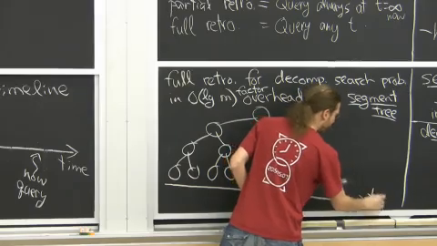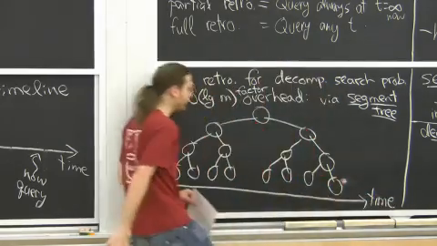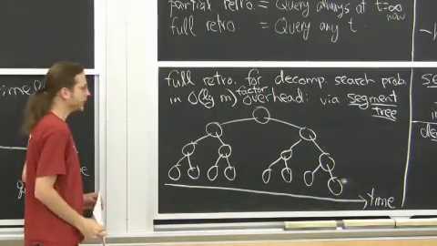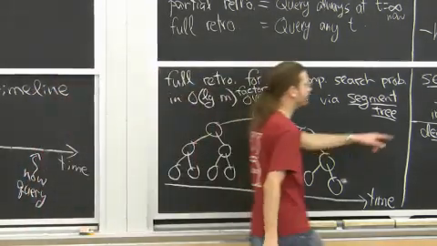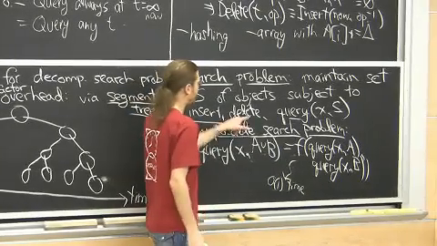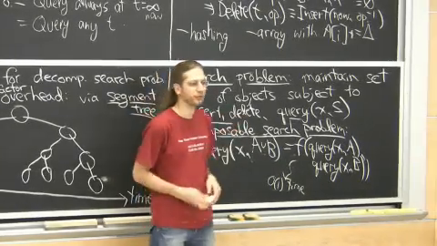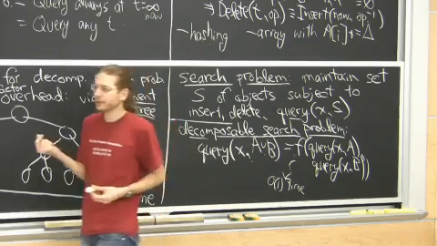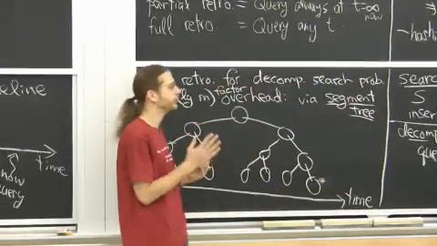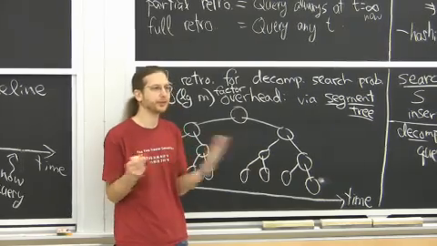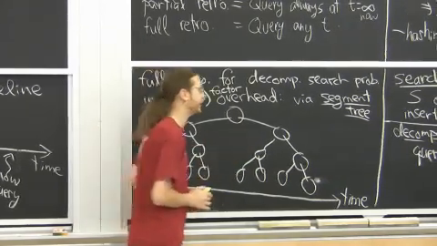So here's time. And the idea is, if I have my operations, my updates, which are the things that live on time, they are inserts and deletes. If I look at an element, at some point it might be inserted, at some point later it might be deleted. I'm going to assume every element is inserted and deleted only once.